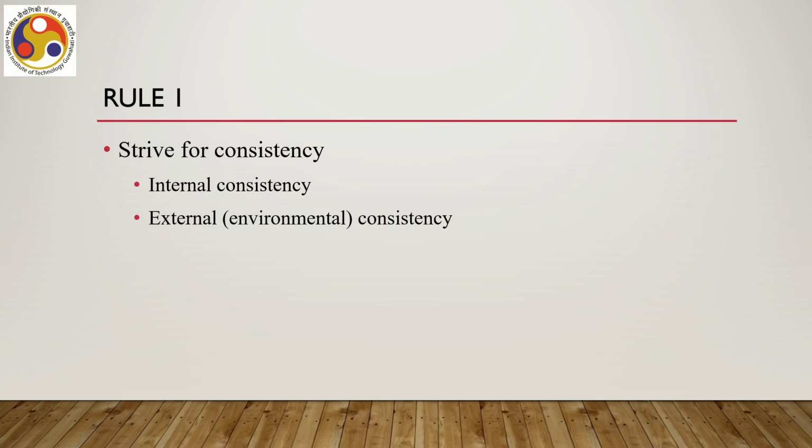Let us talk about the 8 rules that are part of the golden rules of Shneiderman. Let us start with rule number 1, which says strive for consistency. Whenever you are designing an interface, you should always strive for consistency. There must be consistency in your design. What does it mean? There are 2 types of consistency. One is internal, one is external or environmental consistency.